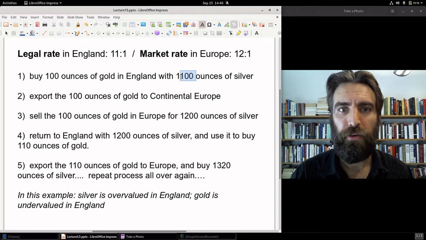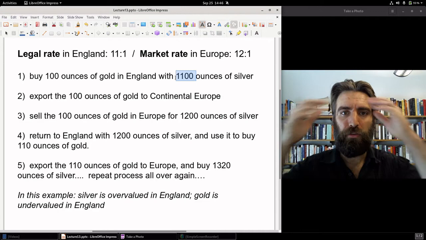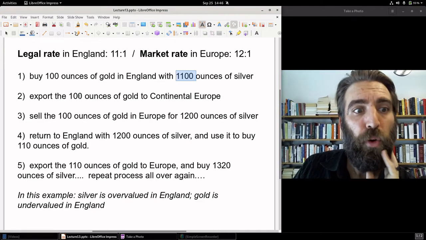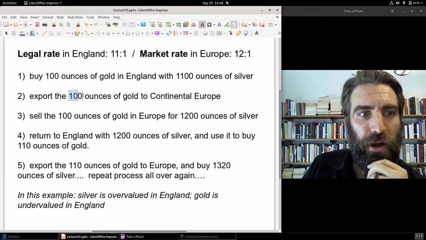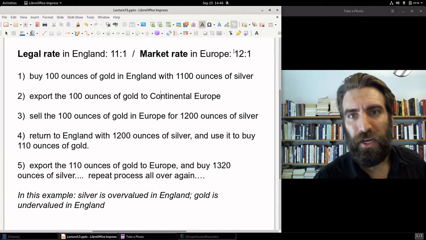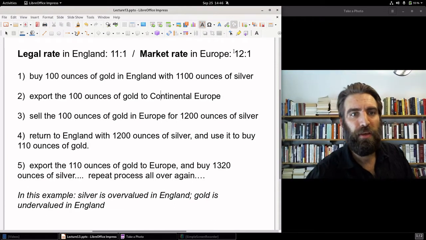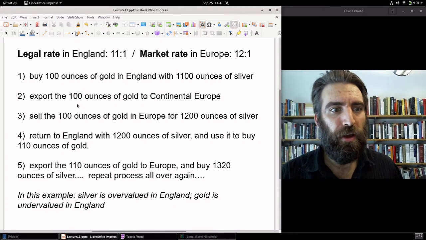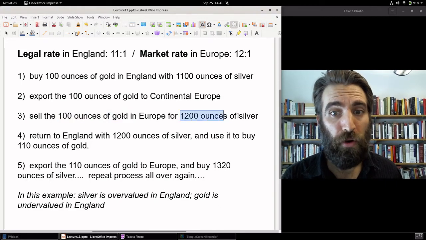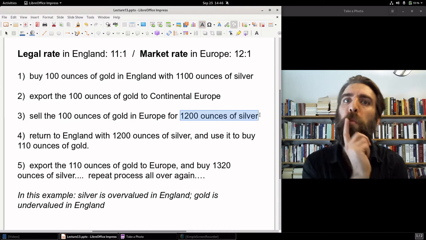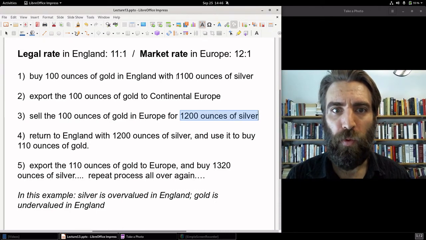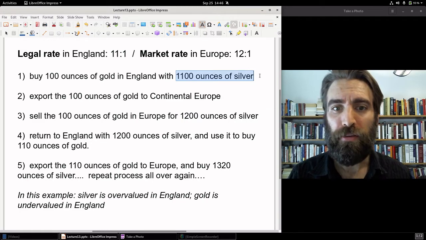Just needs 1,100 ounces of silver. So 1,100 ounces of silver, and now he has 100 ounces of gold. He then exports that 100 ounces of gold, takes it to continental Europe, where the ratio is 12-to-1. Not 11-to-1, 12-to-1. He then sells that 100 ounces of gold for 1,200 ounces of silver. That's more silver than what he started with. That's 100 more ounces of silver.